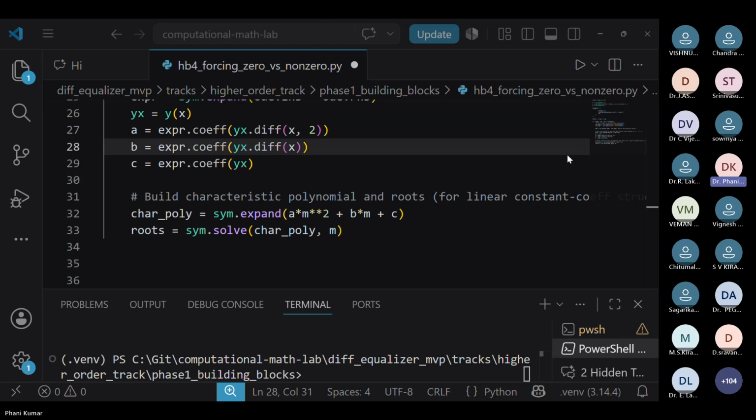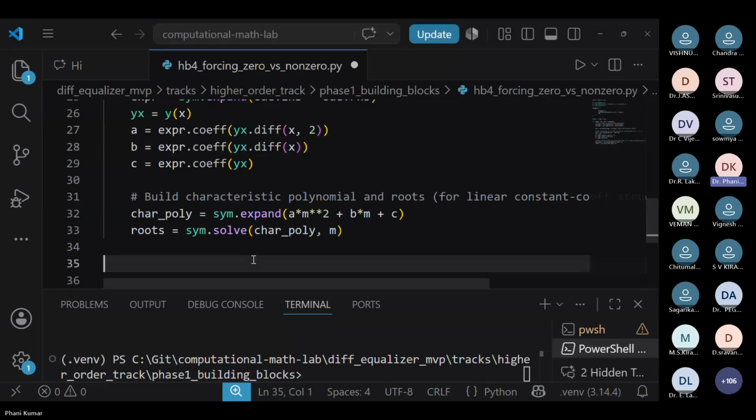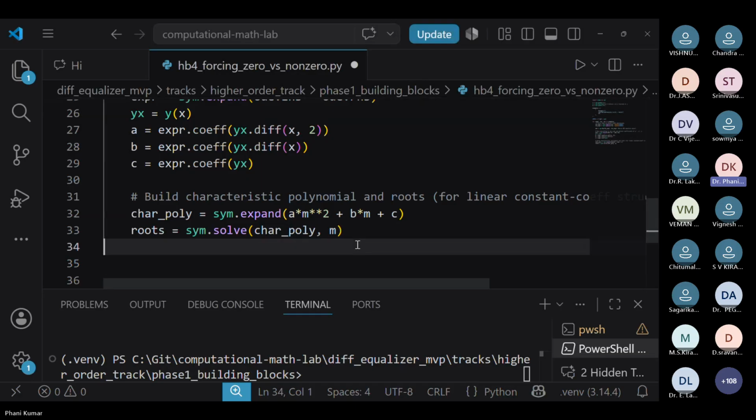We are going to build the characteristic polynomial and find the roots. How to build the characteristic polynomial? Take the coefficients and solve that polynomial, right? So I'm going to take am square plus bm plus c.